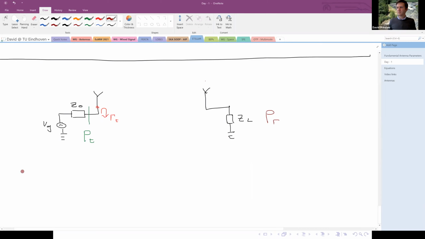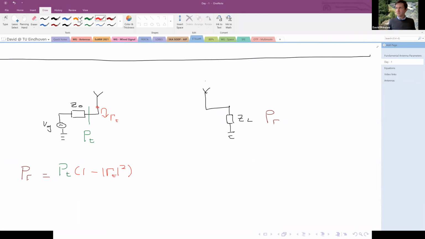The power received is equal to the power transmitted multiplied by the mismatch efficiency, which we said in the beginning is 1 minus gamma RT squared. So now we've accounted for mismatch efficiency.